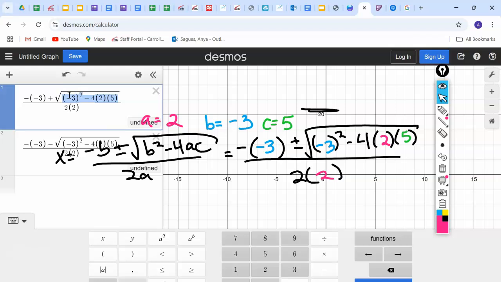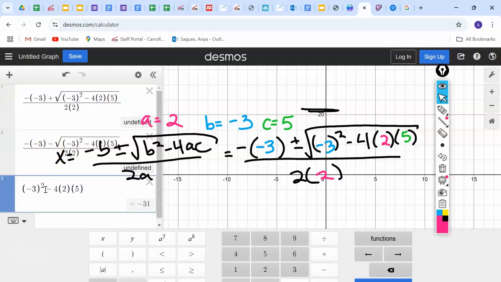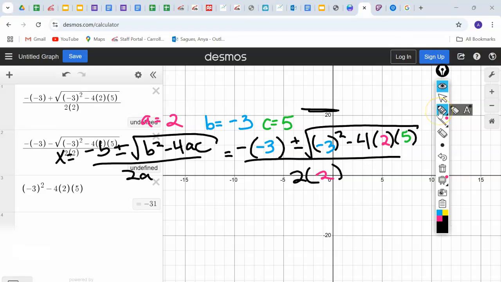So I know the problem is inside of the square root. So I'm going to copy and paste and see what the number inside of that square root should be. Okay, I know that that should be a -31. So I know that this should equal something plus or minus the square root of -31.